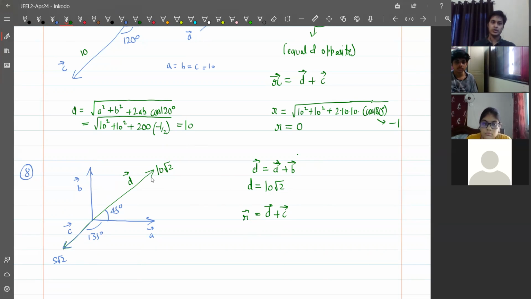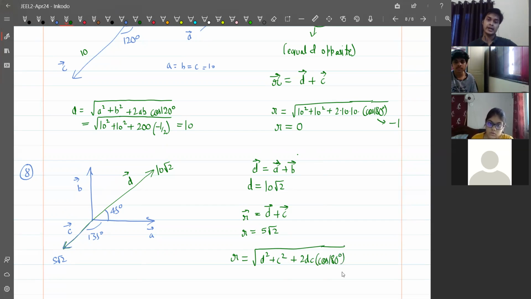Both are equal and opposite, so it will be subtracted, meaning this will just be 5 root 2. Or you can use the proper method, that R is equal to root of D square plus C square plus 2DC cos of the angle. One angle is 180 degrees, so it will be cos 180 degrees. Cos 180 is -1. Okay?